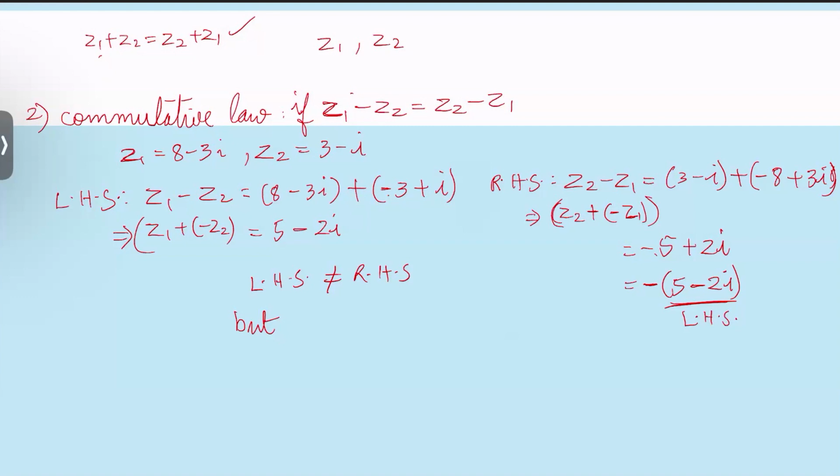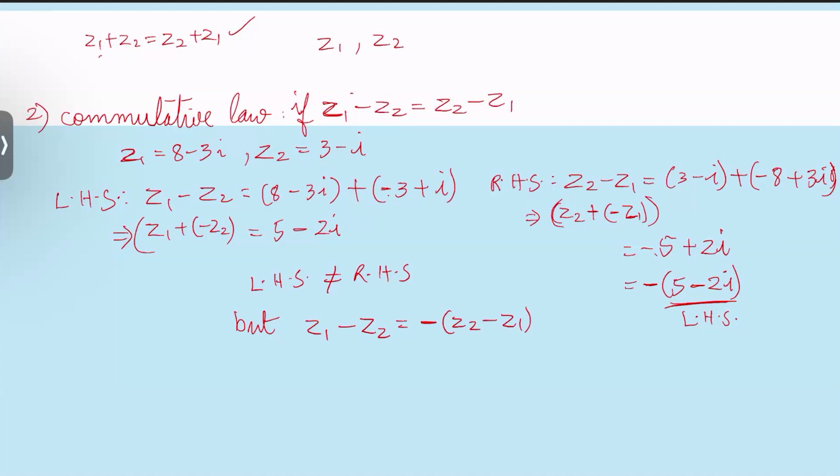So you can see that the commutative law is not followed when we take a difference between two complex numbers, but you can write it in this form: Z1 minus Z2 is equal to the negative of Z2 minus Z1.